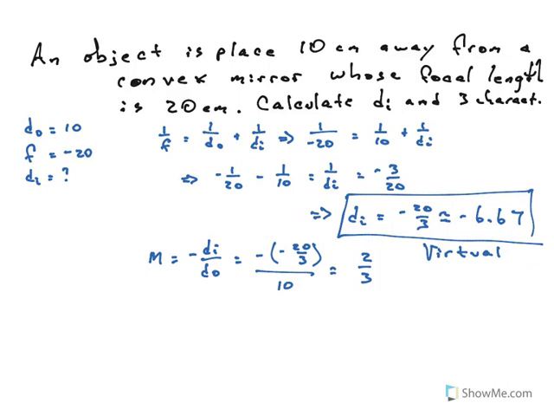The magnification is a positive number, so that means this is upright. Finally, I look at the number of the magnification, forgetting about the signs, whether it's positive or negative doesn't matter, just look at the number. It's 2/3. 2/3 is a number less than 1, so this is minimized.